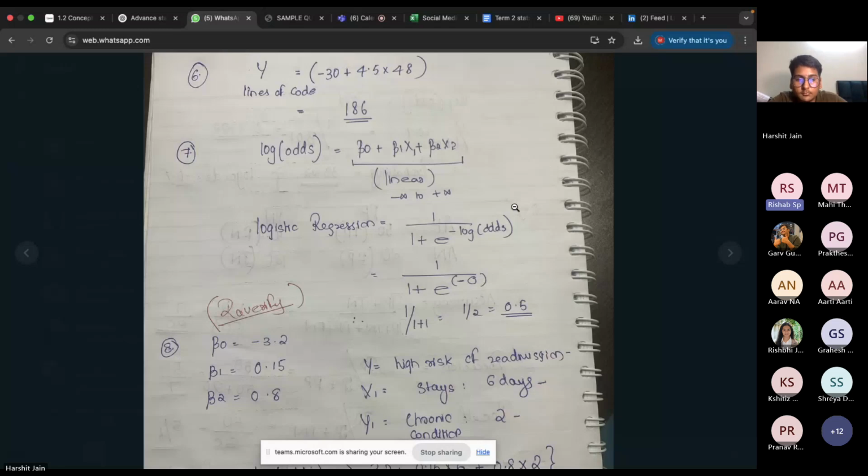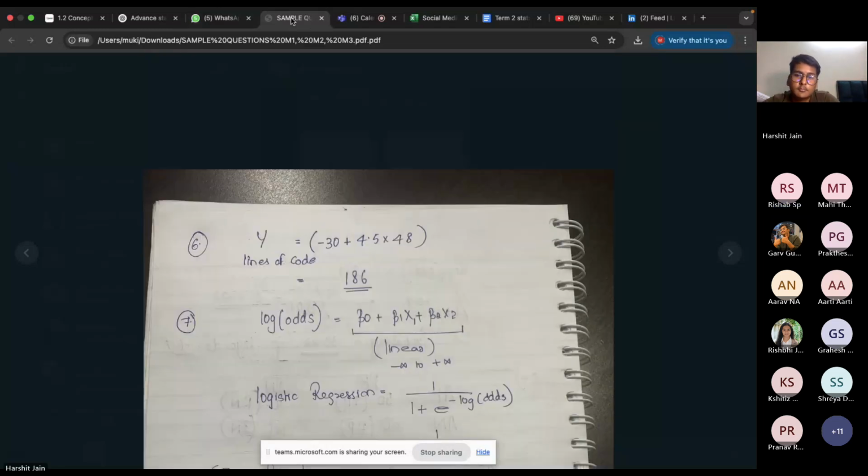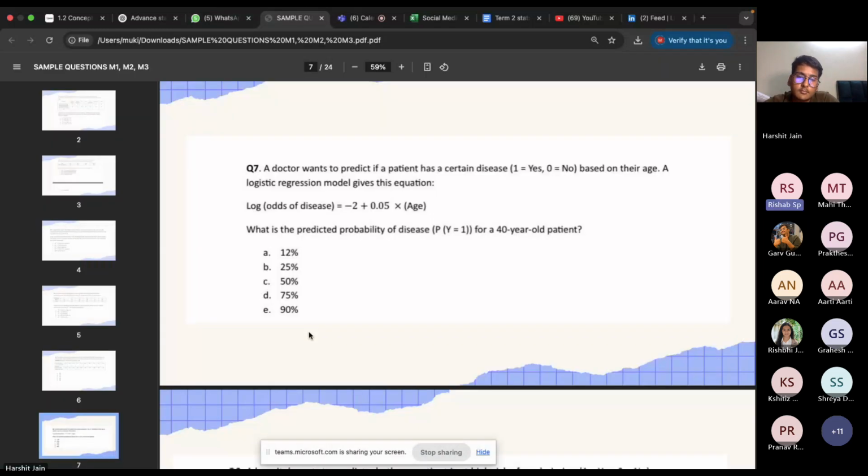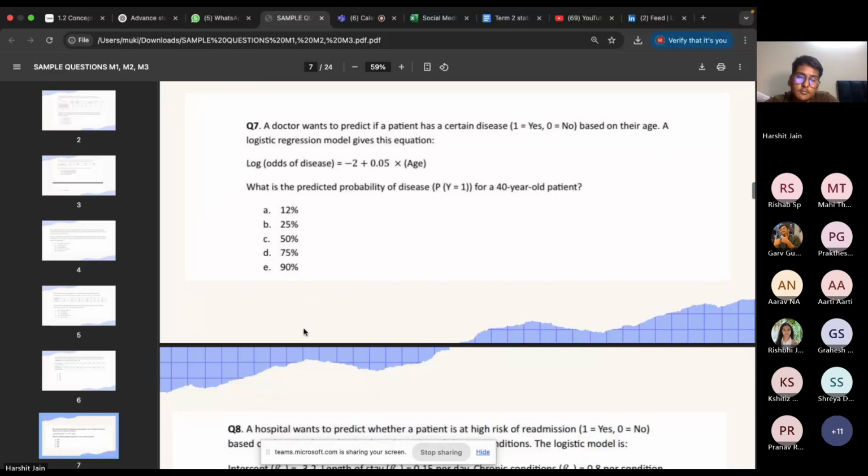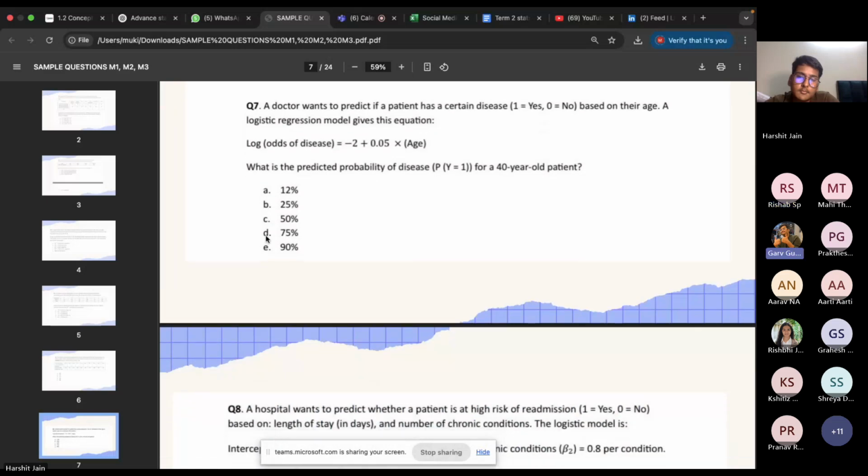So 1 plus e raised to 0, e raised to x in the calculator. So we'll get 1 by 2. 1 divided by 1 plus 1 is equal to 1 by 2. Answer is 0.5. I think it's correct, right? Yes, the answer is 0.5 itself. 50%.